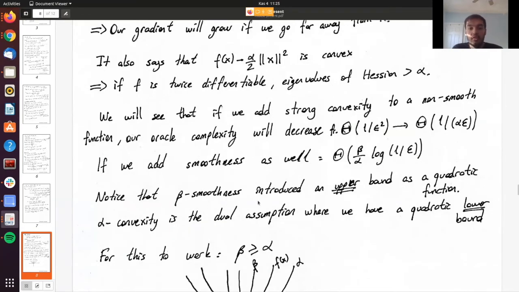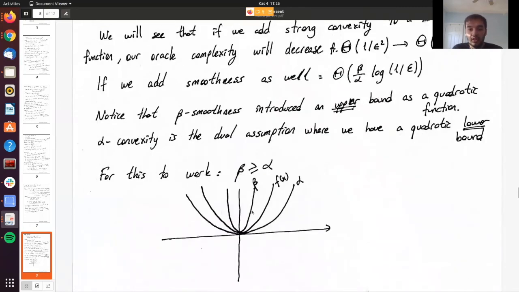Notice that beta smoothness introduces an upper bound as a quadratic function, which is this. And alpha convexity is the dual assumption where we have a quadratic lower bound. So our function cannot grow faster than a quadratic, but also grows faster than another quadratic. And for this to work, beta should be greater than alpha.